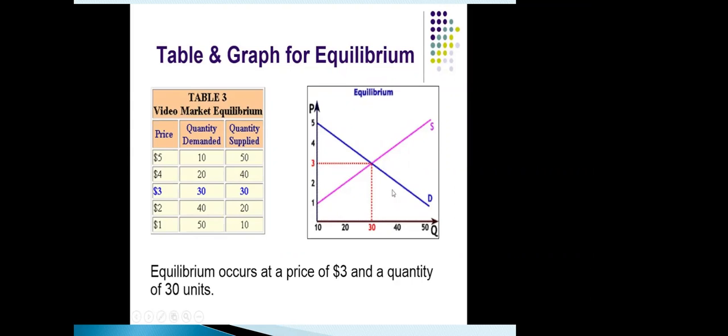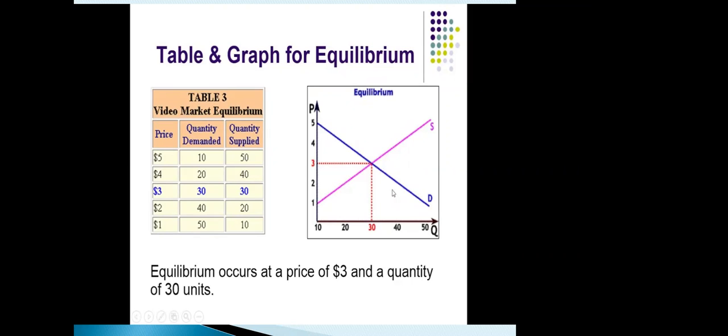And what do we call that point? Market equilibrium point, where demand and supply become equal. So the price at which demand and supply become equal is called the equilibrium price, and the quantity at which demand and supply become equal is called the equilibrium quantity. And the same things I have shown with the help of a diagram.